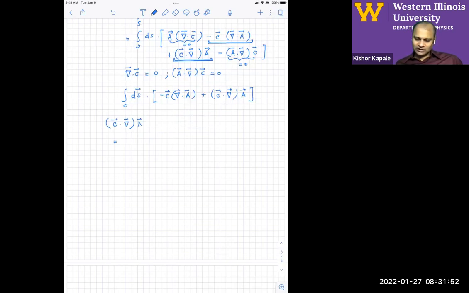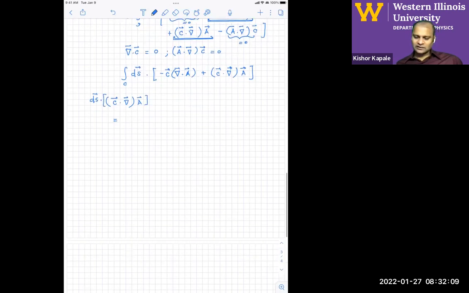It's going to look like C dotted with, any thoughts anybody has? This is a vector, right? So let's actually write down the whole thing. ds dotted with this whole stuff, okay? And let's write it down as the x hat component, right? Y hat, z hat, and then afterwards we will simplify this.